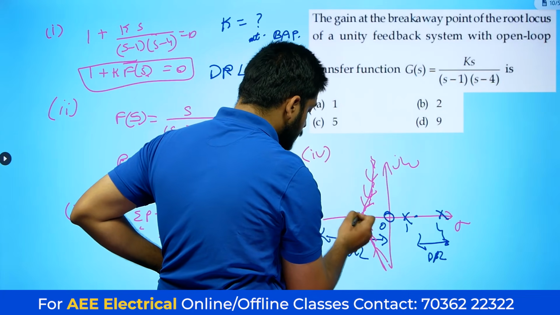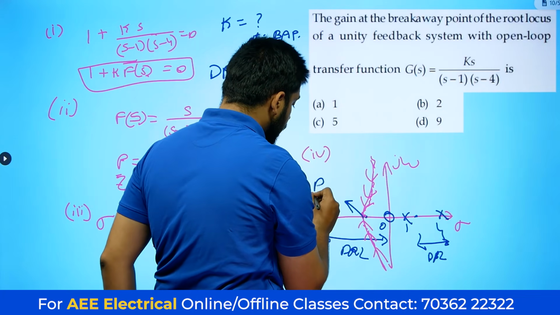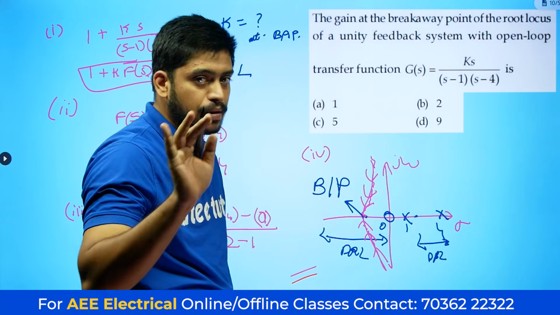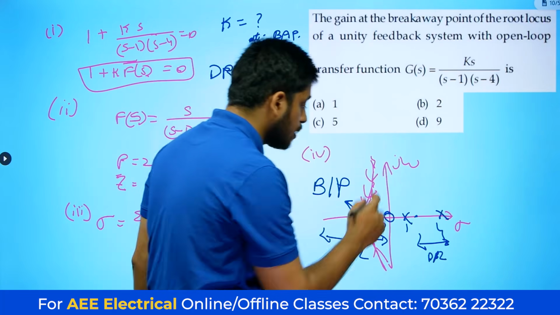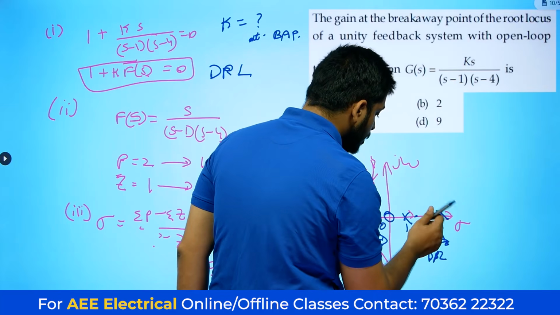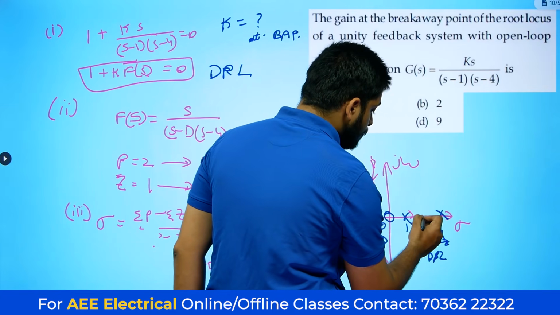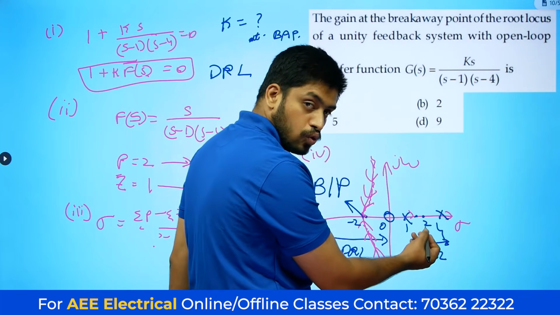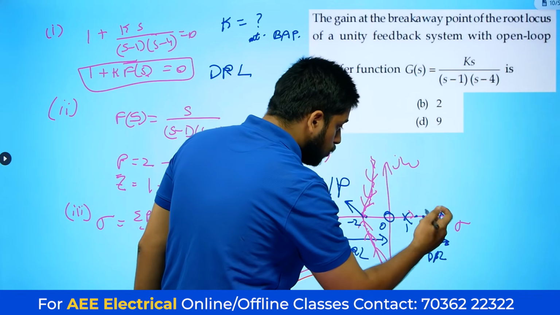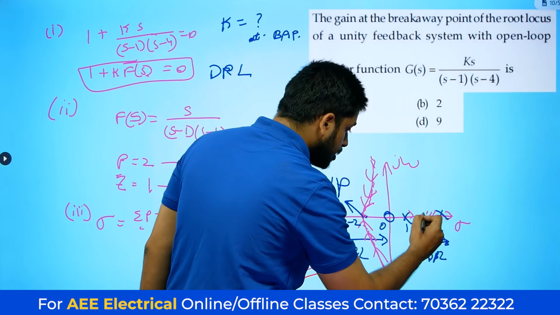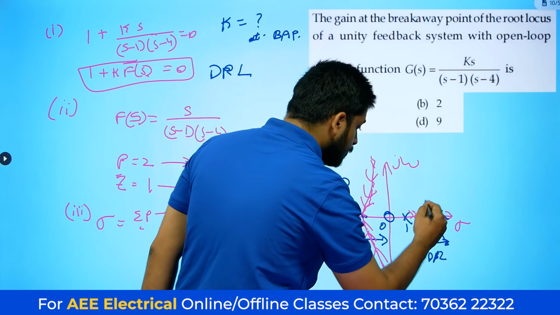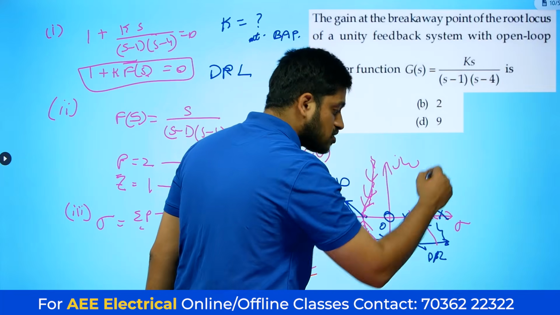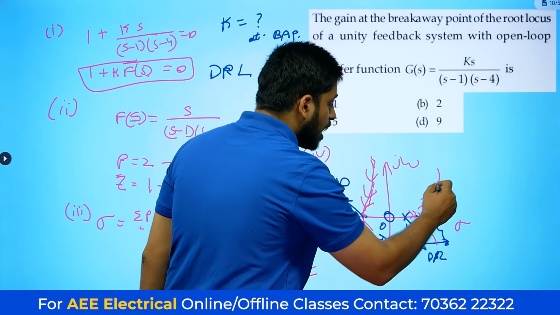So this becomes my break-in point, BIP, not the break-away point. Here my root locus will travel till the other breakpoint, which is 2. Here it is minus 2, here it is 2. It will travel towards this point and go out from this position. I'm assuming it goes like this, and it goes away.